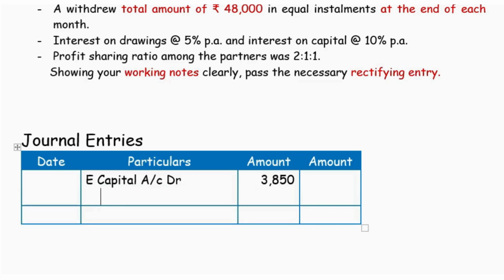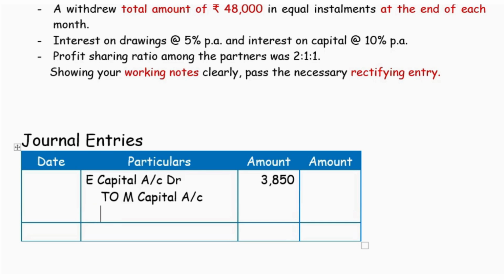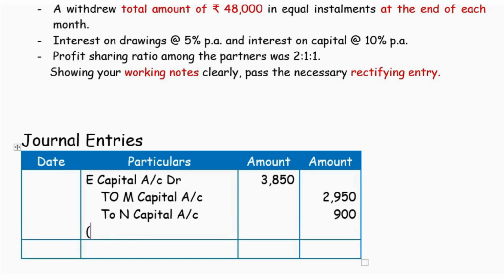That is, they are supposed to receive, to M's capital account and to A's capital account. These two persons are supposed to receive the money, that is 2,950 and 900. So this is the adjustment entry.